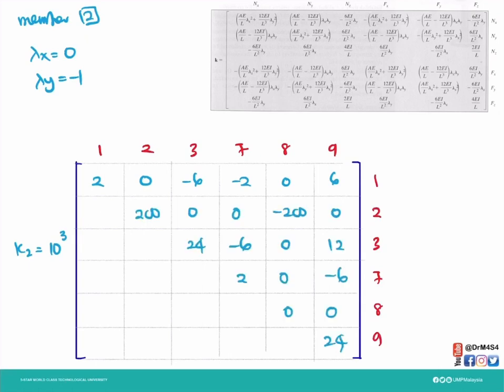Done half side and easily copy it. So we assemble for member stiffness K1 and K2.